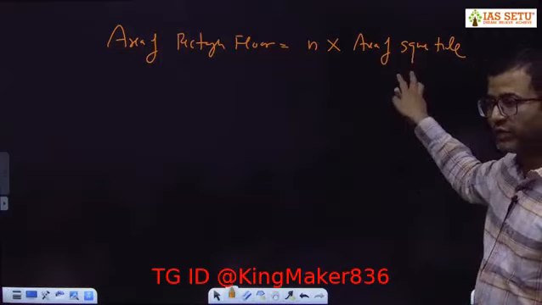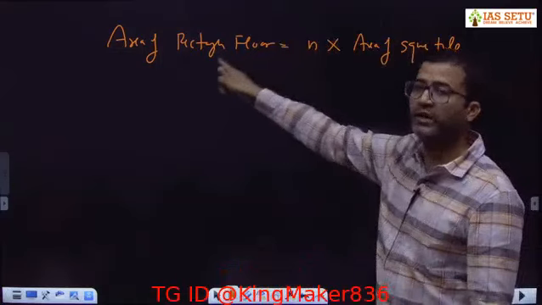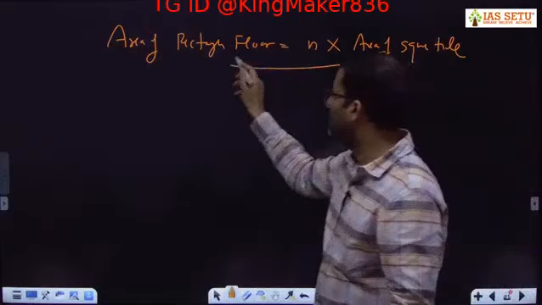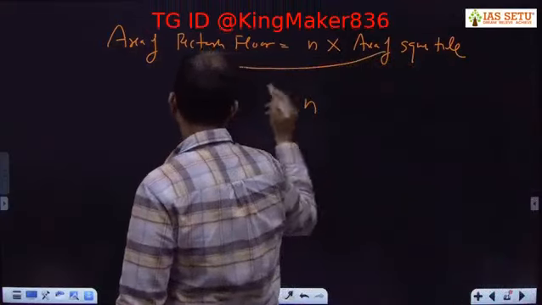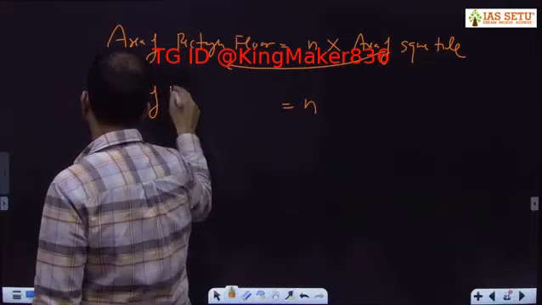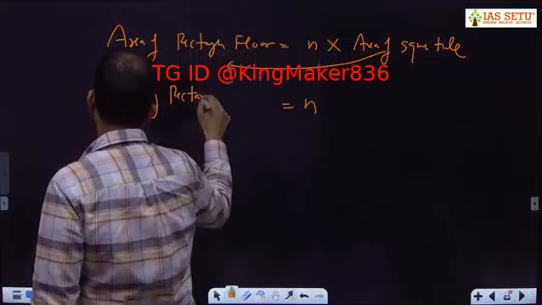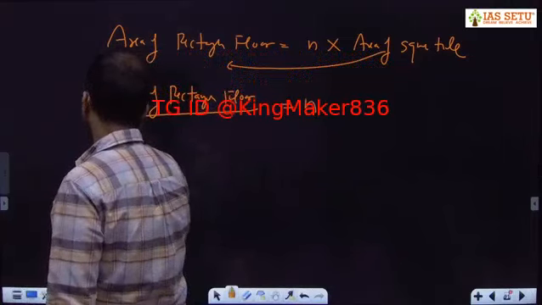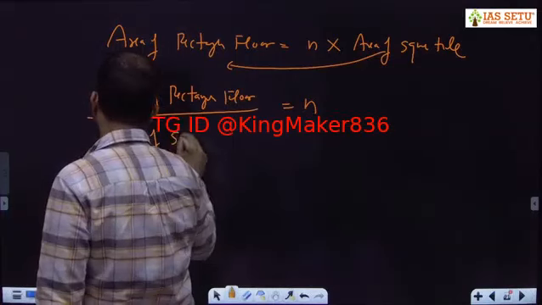Find the area of 1 square tile multiply with number of tile, that is the area of entire rectangular floor. इसको इधर ले आओ. So what is number of tile? Number of tile is nothing, area of rectangular floor divided by area of square tile.